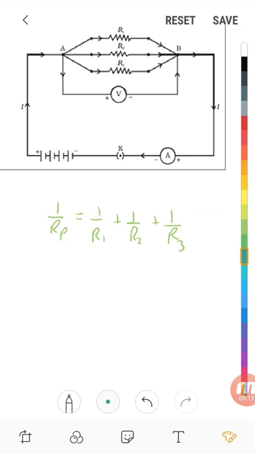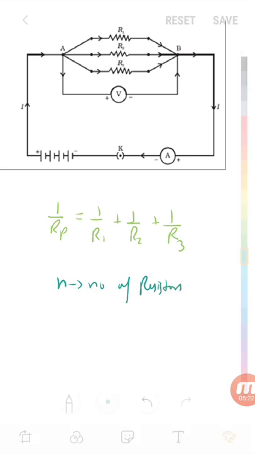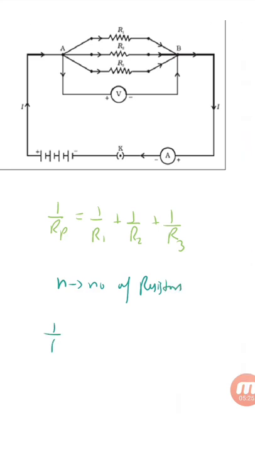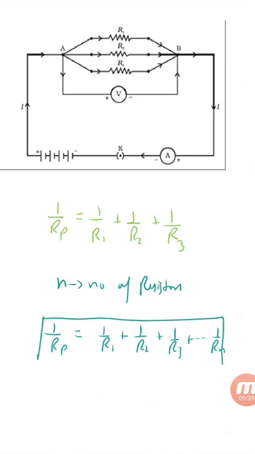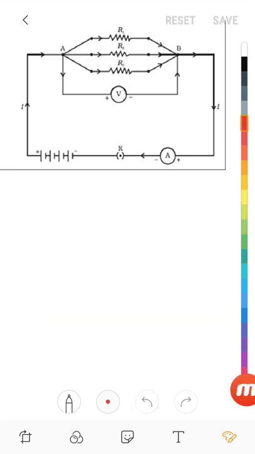What if we have connected n number of resistors? Then the equation will be 1 upon Rp equals 1 upon R1 plus 1 upon R2 plus 1 upon R3 and so on till 1 upon Rn. So this is the equation for the resistors connected in parallel.